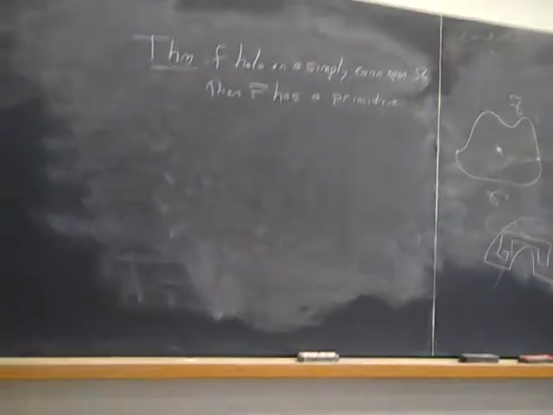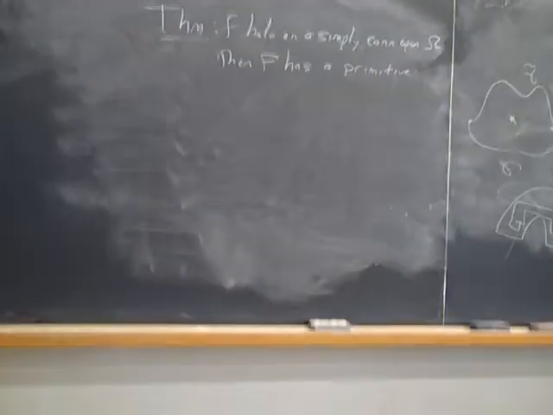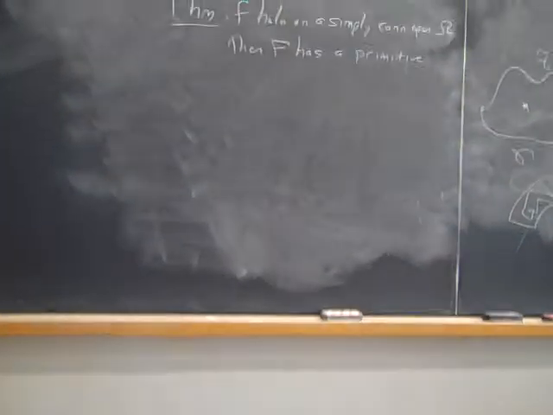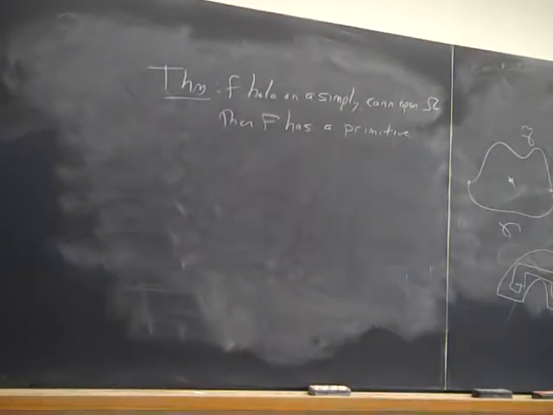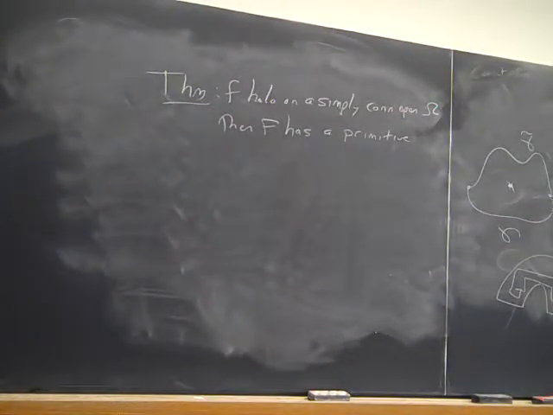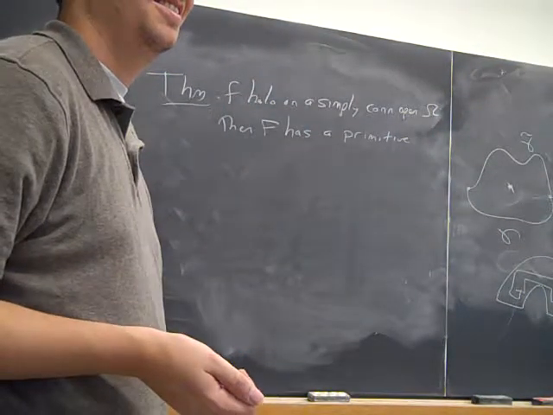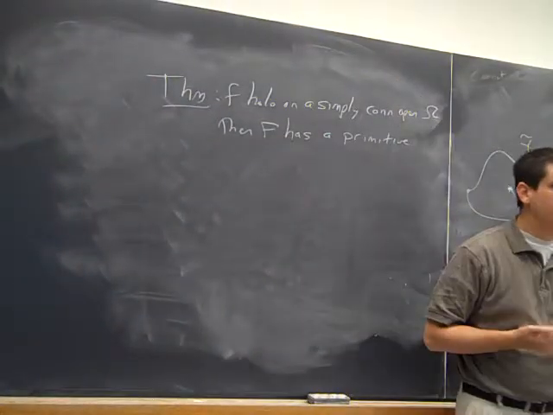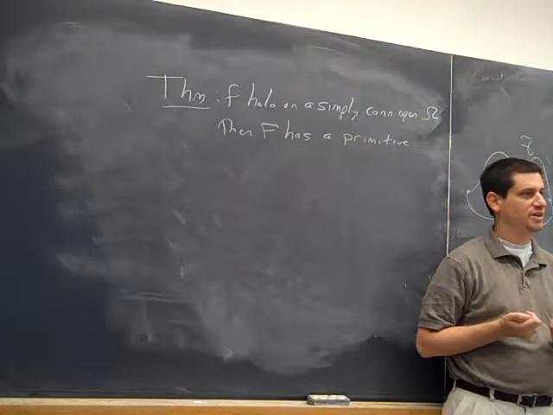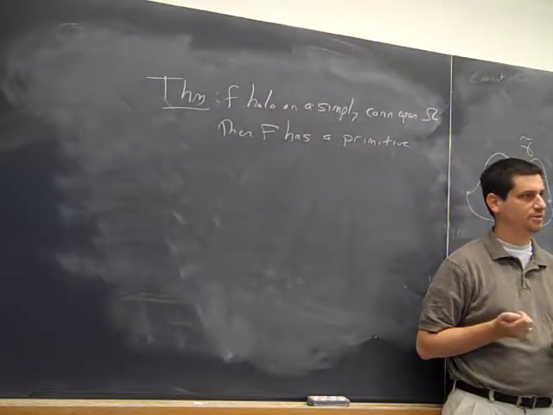So, do you think we need any other assumptions? Is it enough to just assume that it's simply connected to get a primitive? Do I want to assume my function is non-constant? Why not? Because every constant has a primitive. Every constant has a primitive, right? So for some of the theorems, give me a theorem where if my function was constant, the conclusion no longer held.